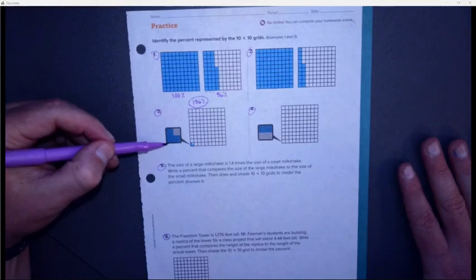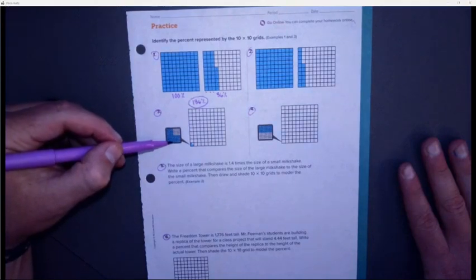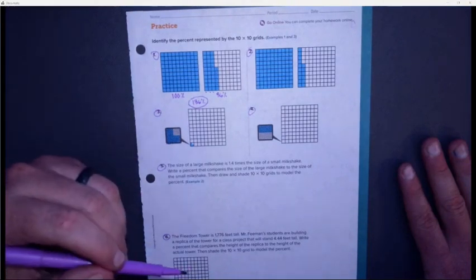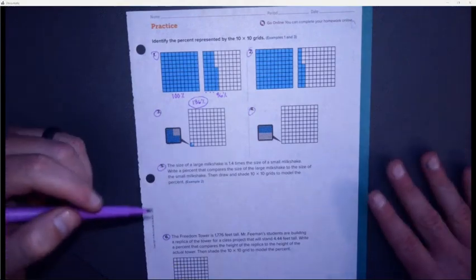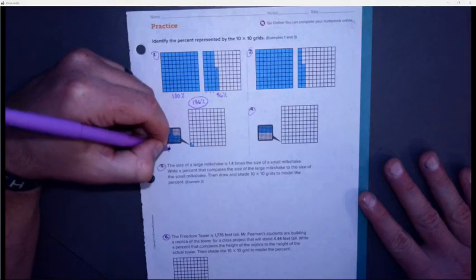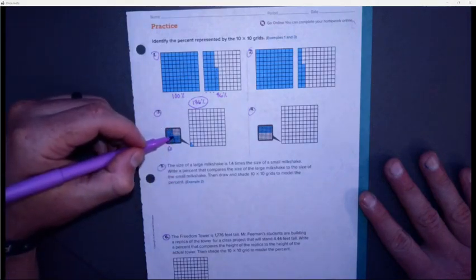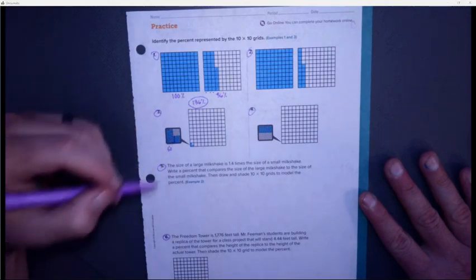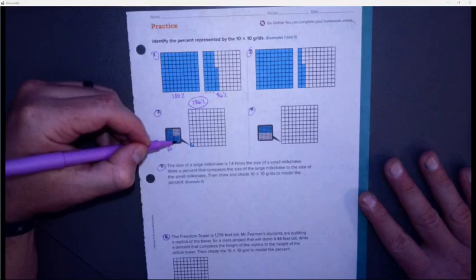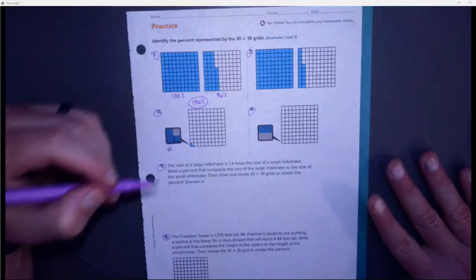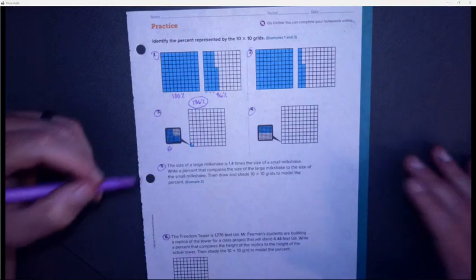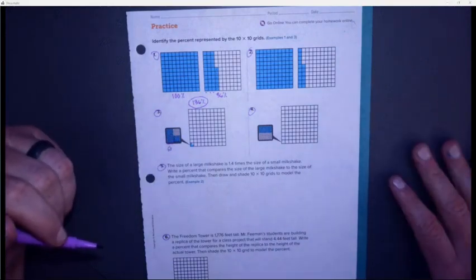I have 1, 2, 3, 4, 5 full columns. Okay, so I know that's going to be 50. And then I have 1, 2, 3, 4, 5 going up, and then also 1, 2, 3, 4, 5 going over. So I have a 5 by 5 area that's shaded.